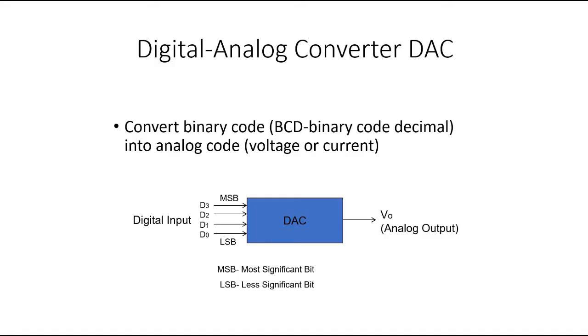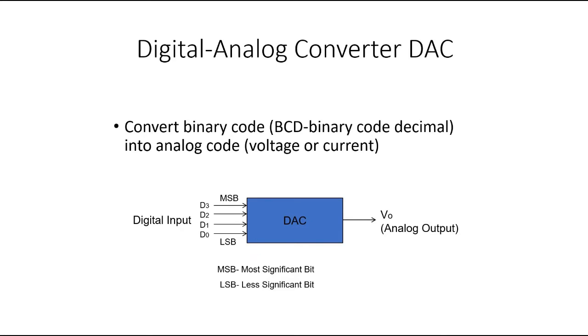Okay. Now we move to the digital to analog converter, DAC. First, convert binary codes, BCD, binary coded decimal, into analog codes in voltage or currents. Okay, our DAC, we want to convert the digital inputs here, D0, D1, D2, and D3, to analog output in voltage.